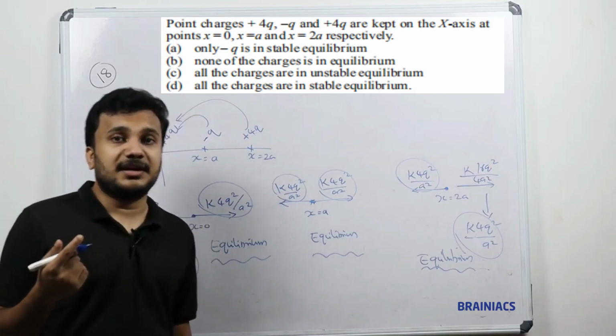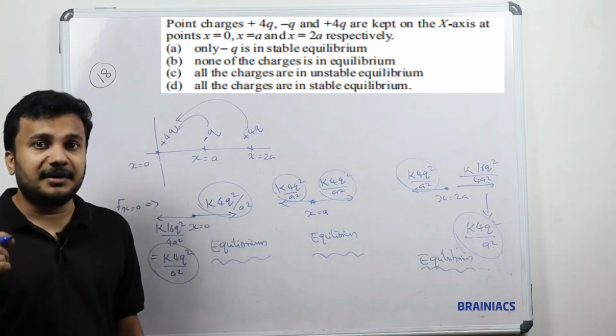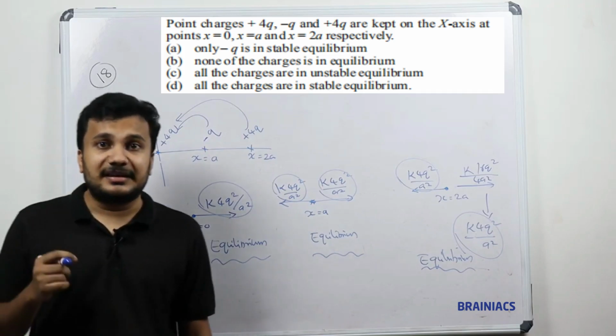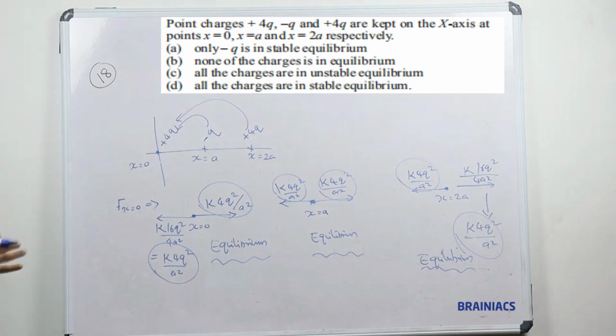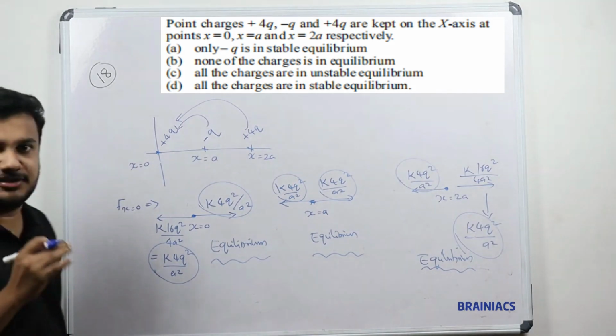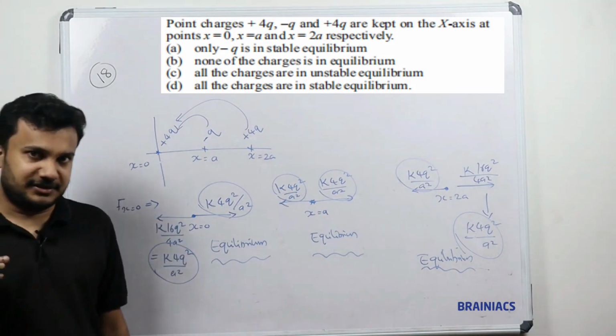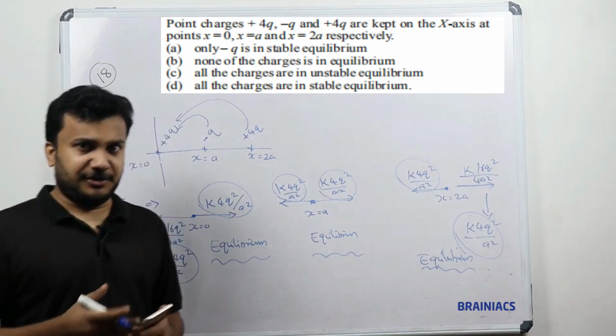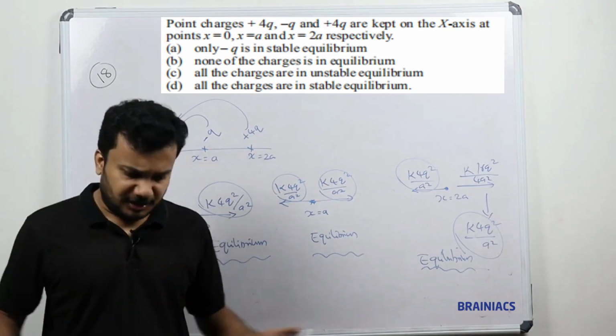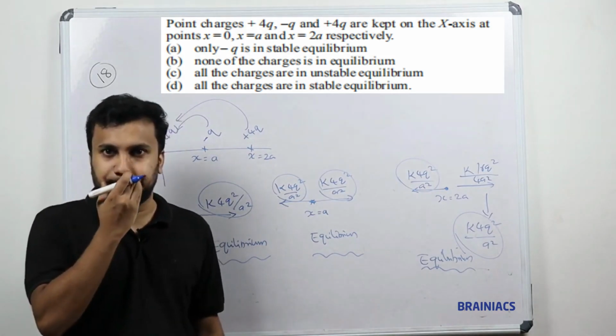Now what do we need to decide? Our next ultimate aim is to decide whether it is a stable equilibrium or an unstable equilibrium. Stable means, as I told before, if you give any disturbance, like a rubber band, it will come back to the original position.